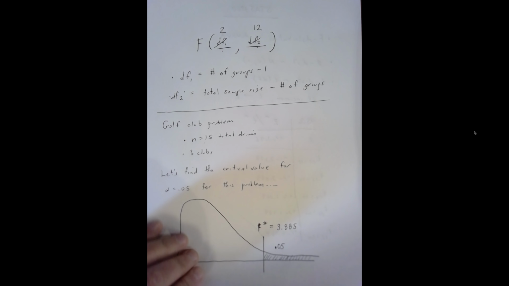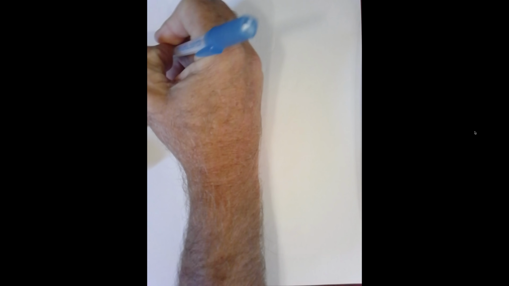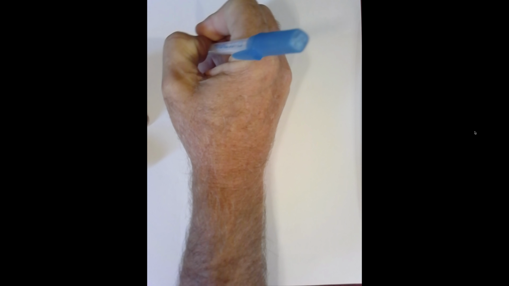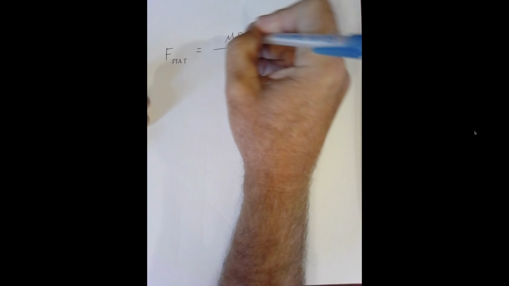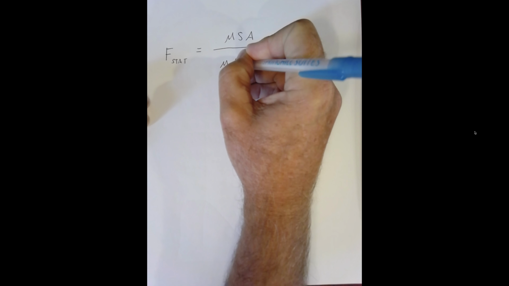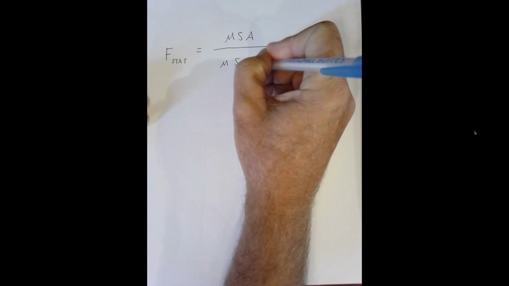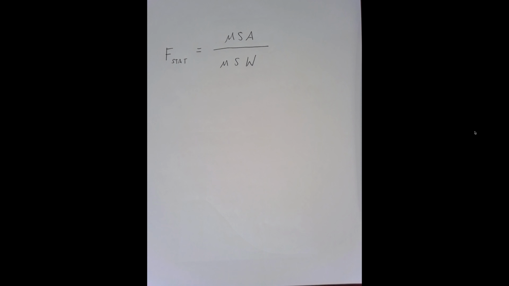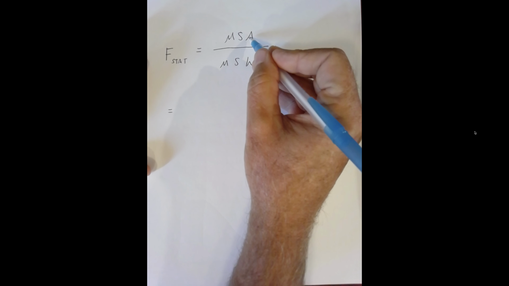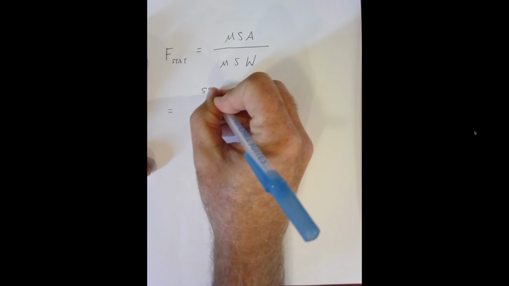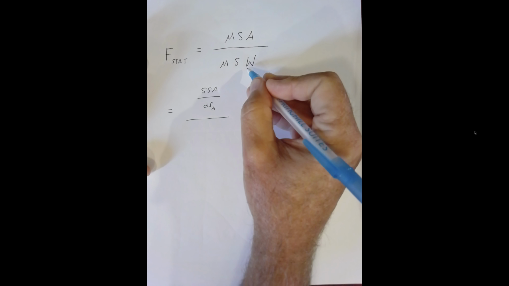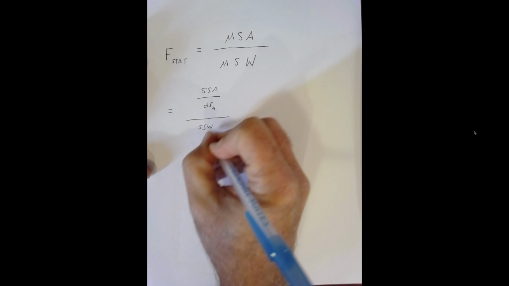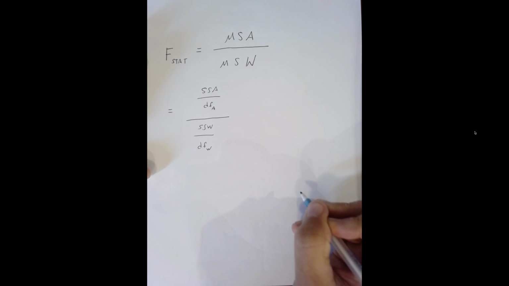Now, remember in the ANOVA calculation that the F statistic is the ratio of two things: the mean square among divided by the mean square within, where the mean square among is the sum of squares among divided by the degrees of freedom among, and the mean square within is the sum of squares within divided by the degrees of freedom within.